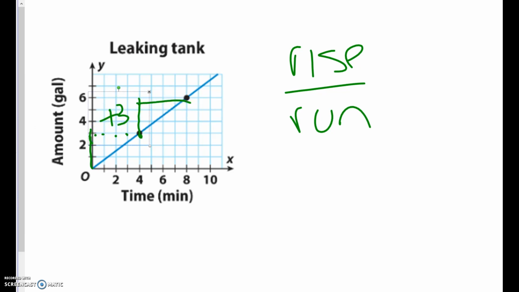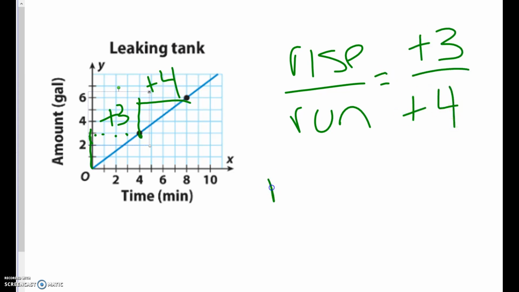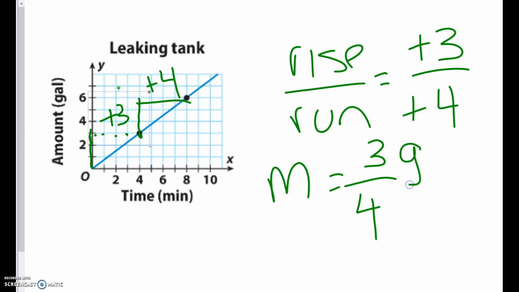And my run, I went from 4 over to 8, which is a positive 4. So my rise was a positive 3, my run was a positive 4. So my slope equals 3/4. Done. Remember, 3/4 is telling me that it's going to be 3 gallons for every 4 minutes.